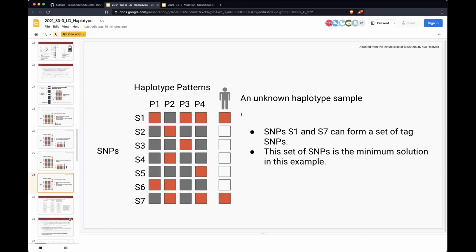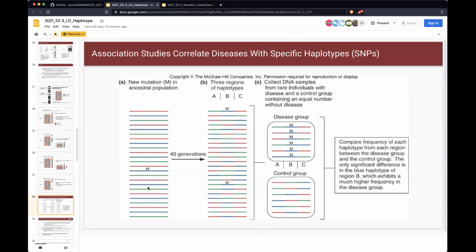So if you want to design a good microarray, then you have to pick a few SNPs as tagging SNPs, right? In that case, you have to pick the SNPs that can distinguish the populations easily, right?